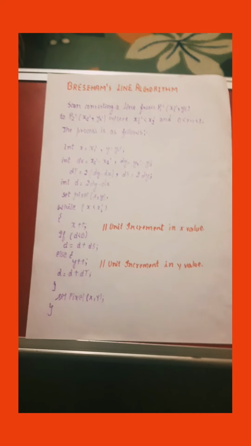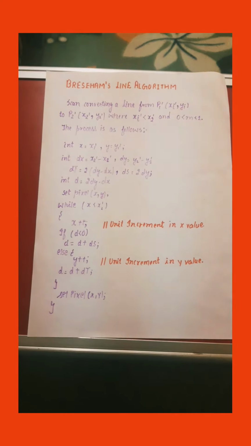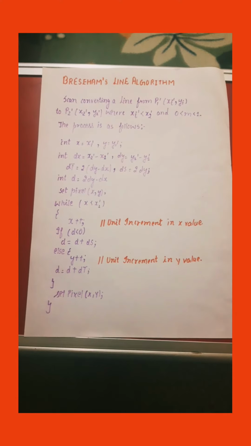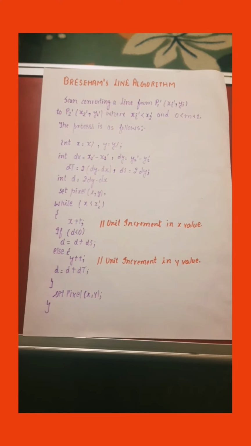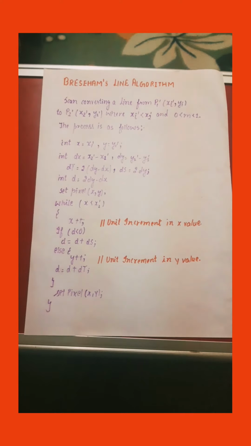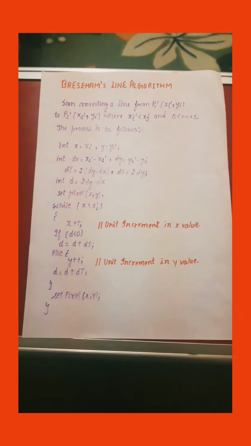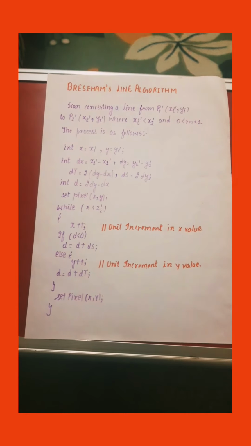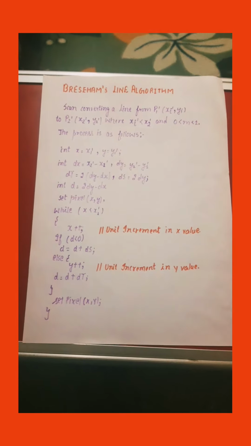After this, we will set another pixel with the new values of x and y, and after that we will again check whether the new x is less than x2'. So this process continues while x is less than x2', and it will stop when x equals x2' or x is greater than x2', right?